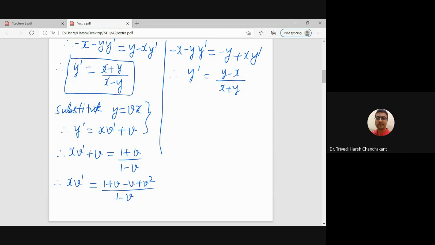So let us see on the other side what we are getting. On the other side, if we substitute the same substitution, it will give x v dash plus v is equal to v minus 1 divided by 1 plus v.